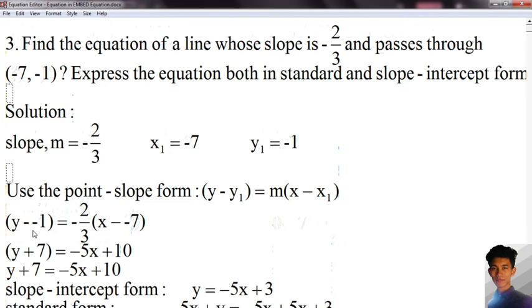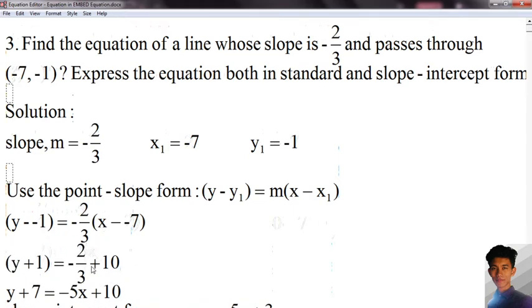Okay? So, we have magiging y plus 1 dito. Itong negative magiging plus, no? Plus 1. Okay? And then, we have negative 2/3. So, distribute natin yan, di ba? Okay? So, negative 2/3 x. Okay? Now, dito mapapansin nyo, meron tayong negative at negative dito. So, hindi pa natin siya nababago, no? So, magiging plus na yan. Okay?